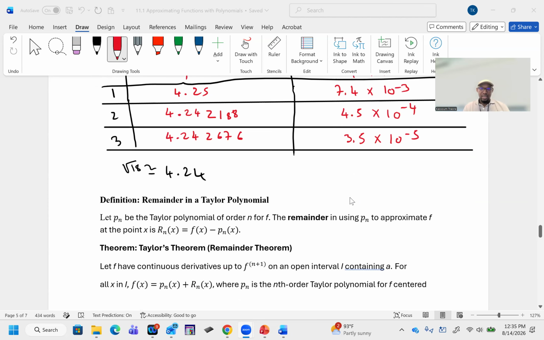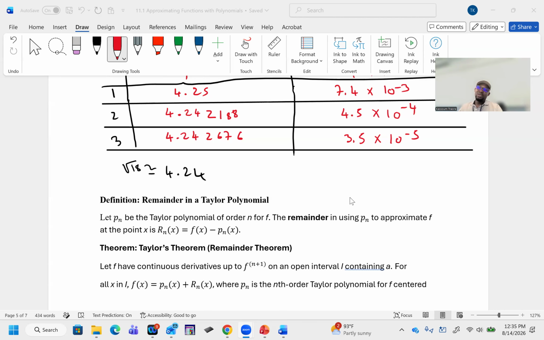Now, let's talk about the remainder in a Taylor polynomial. Definition. Let P sub n be the Taylor polynomial of order n for f. The remainder in using P sub n to approximate f at the point x is R sub n of x is equal to f of x minus P sub n of x.